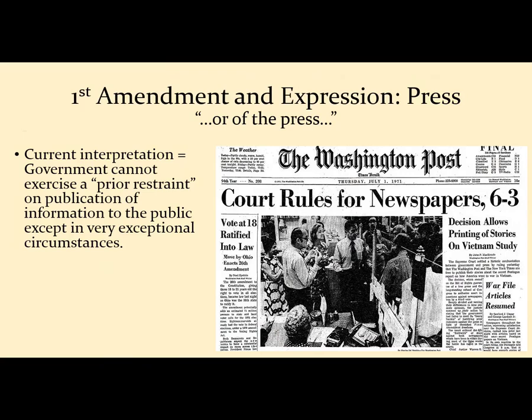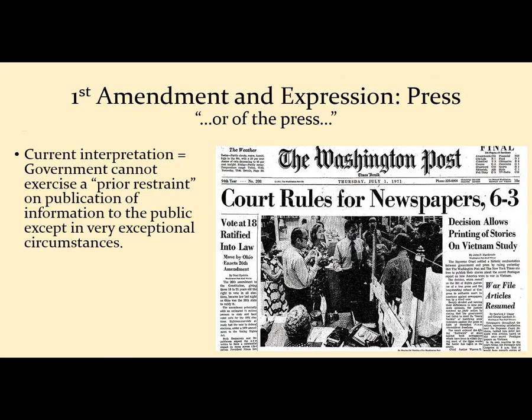The job of the press is to create transparency in the activities of government, to investigate what our government leaders are doing, and the right of the press to create that transparency is a check on government power that is essential to democracy.